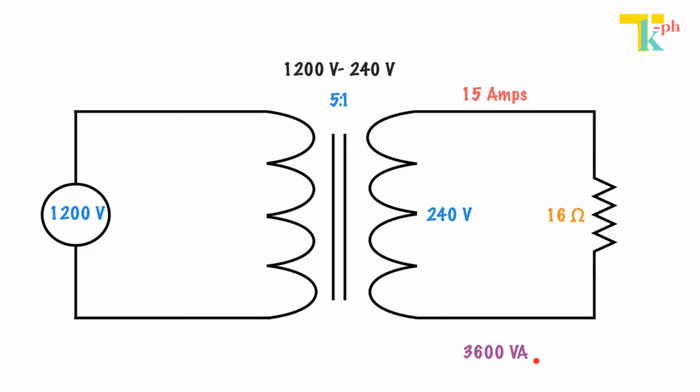If we have 3600 VA on the secondary, that means we have to have 3600 VA on the primary. And now that we've determined that we have 3600 VA on the primary, we can take 3600 VA divided by 1200 volts and get our primary current.